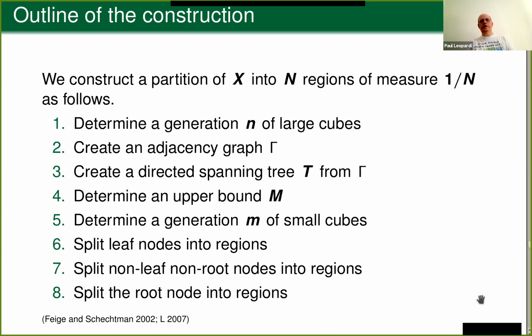We do a couple of steps that determine a couple of numbers that we need, and in particular this small m, which is our generation of small cubes. And then we do exactly what we did previously in the case of the sphere, which is to move measure from leaf nodes towards the root nodes, adjusting as we go, and splitting the nodes into regions as we go.